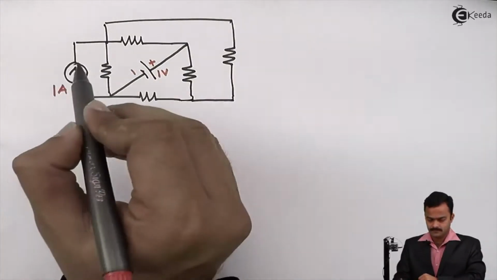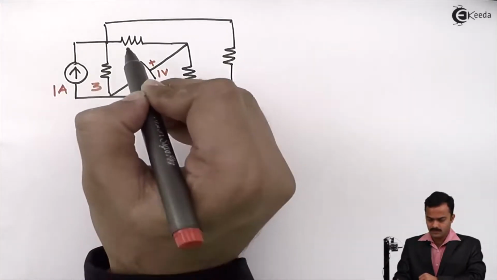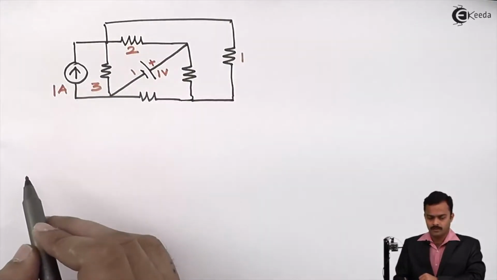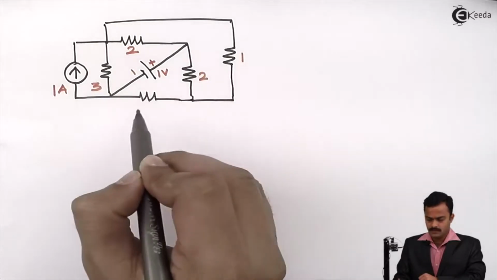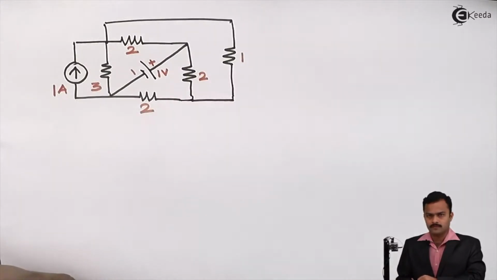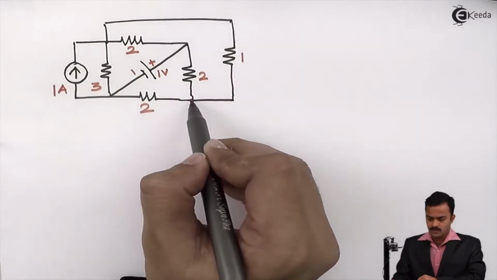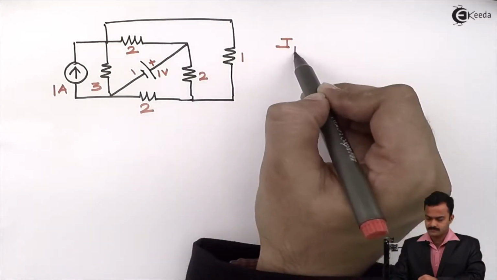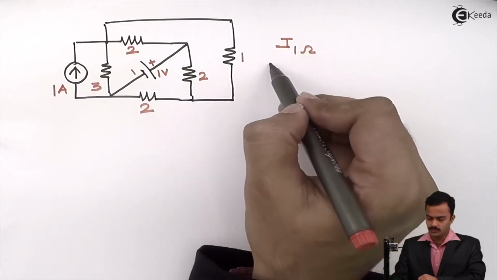Resistances are 3 ohm, 2 ohm, 1 ohm, and these two are 2 ohm individually. The objective is to get the current flowing through the 1 ohm resistance using nodal analysis.